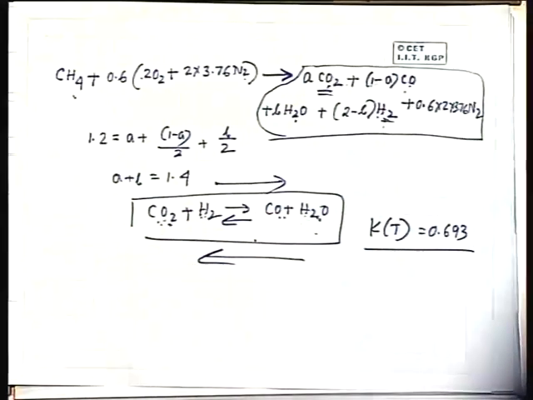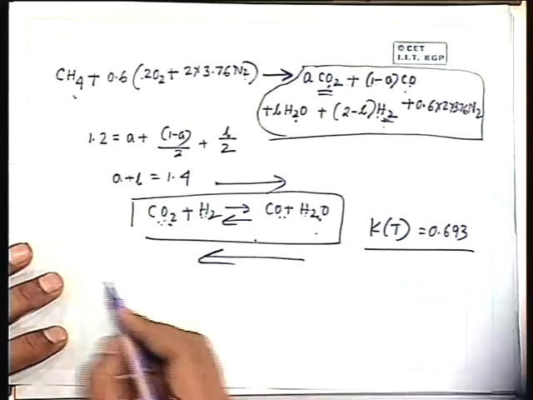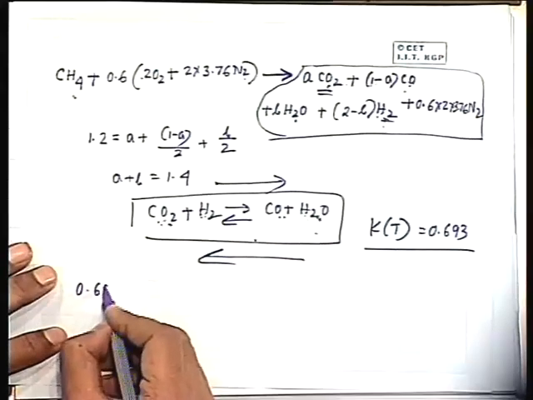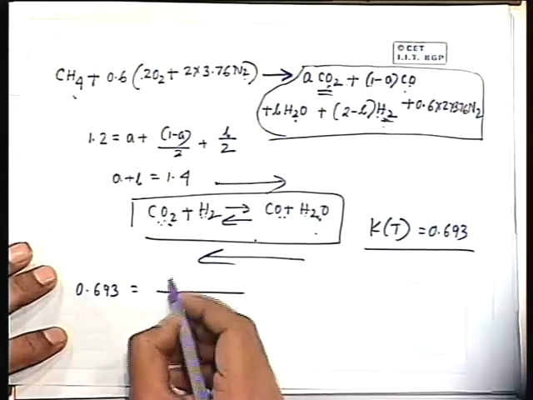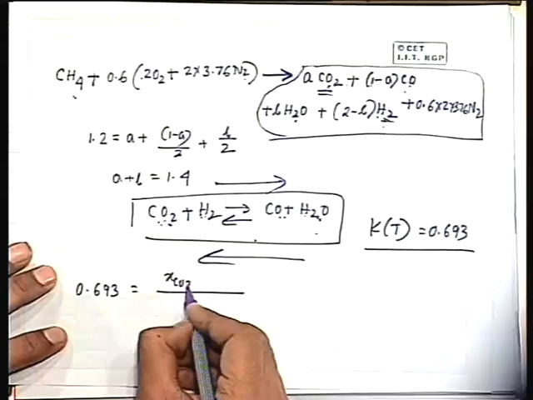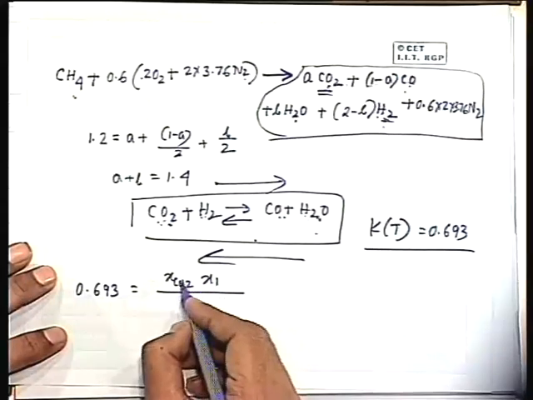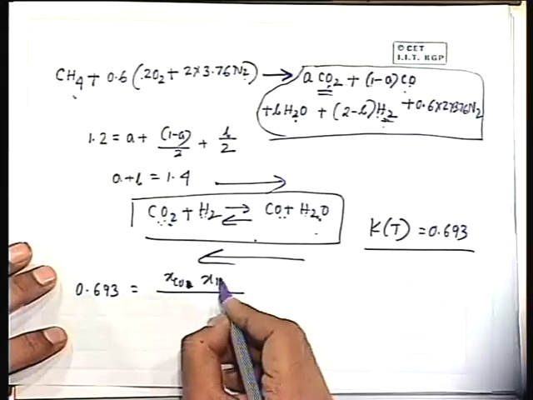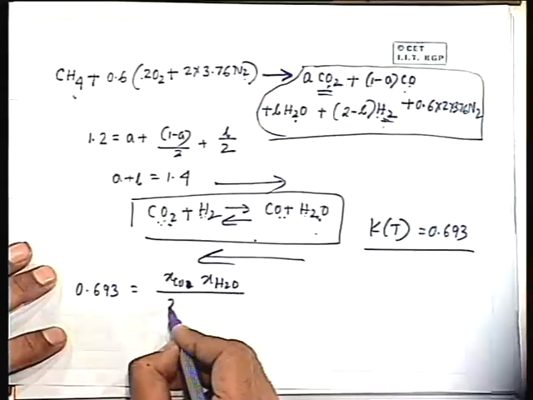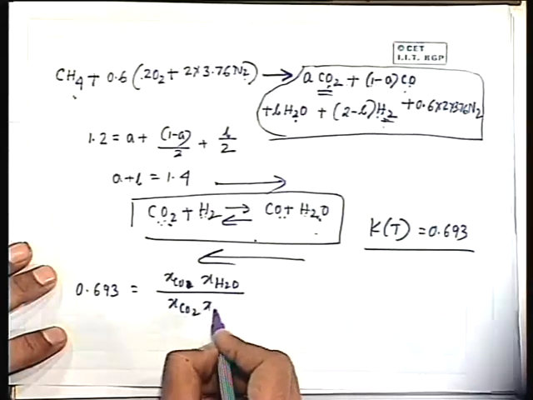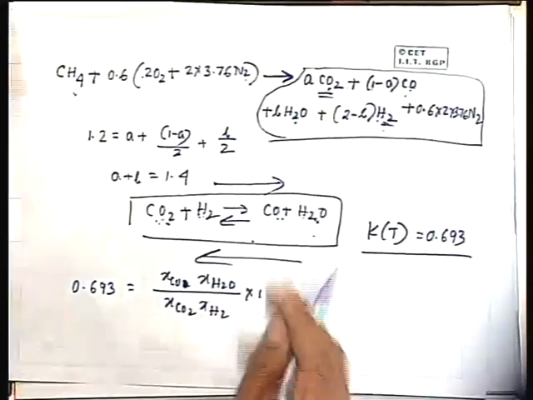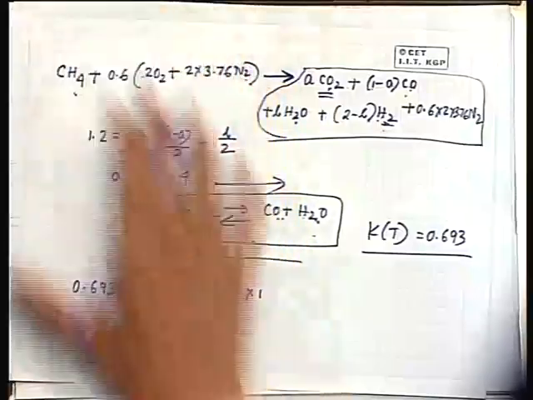This concept is clear. Now I use this value: 0.693 is equal to X CO, X H2O, divided by X CO2, X H2, into 1. Why? Just now I derived the equation.